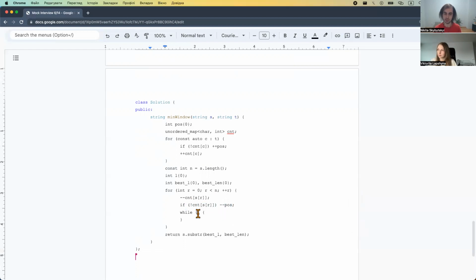It also has a semantic meaning. So here what I say is, while not positive, like while all needs are fulfilled, right? All frequencies being negative or 0 means that we have enough. We started with something positive, we subtracted enough to have all the necessary characters. Hopefully that makes sense.